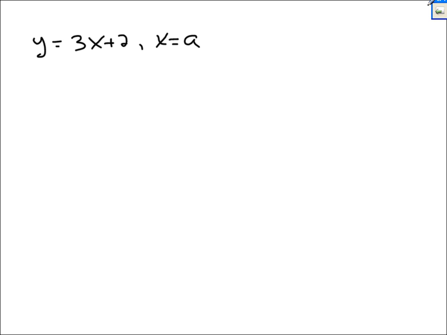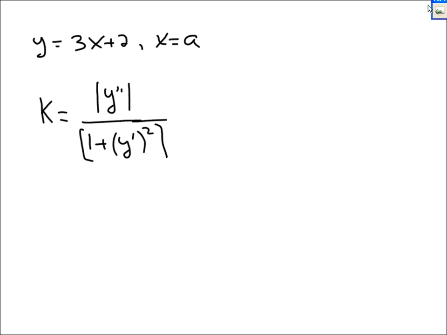And when you have y as a function of x, the curvature, which is denoted by k, is the absolute value of y double prime divided by 1 plus y prime squared, and that whole denominator gets raised to the 3/2 power. So I need to find y prime and y double prime. Well, y prime is 3, and y double prime is 0.